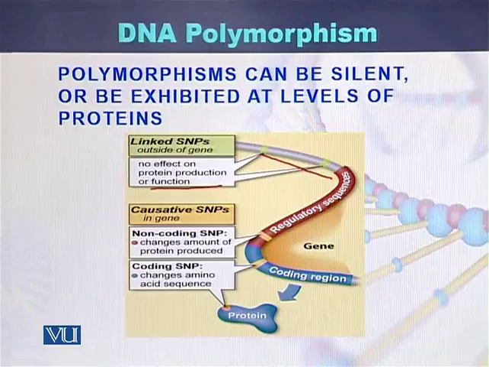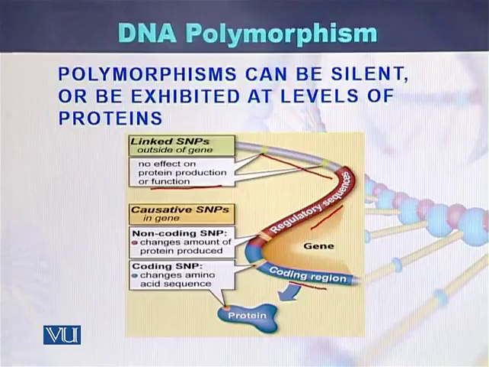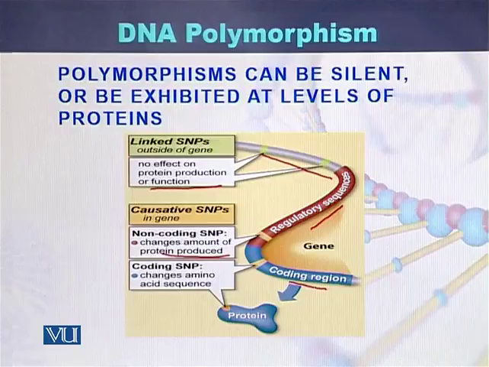While on the other hand, those polymorphisms which are present either in the regulatory regions or in the coding regions do have effects on the phenotypes. Like here we can see that non-coding SNPs change the amount of protein. If a single nucleotide polymorphism is present in the regulatory region, then there would be an effect on the protein production.